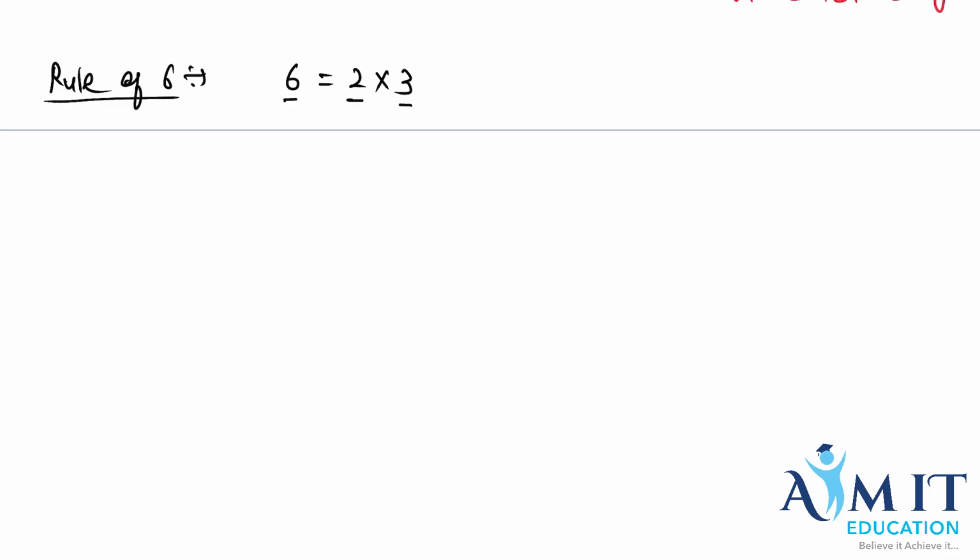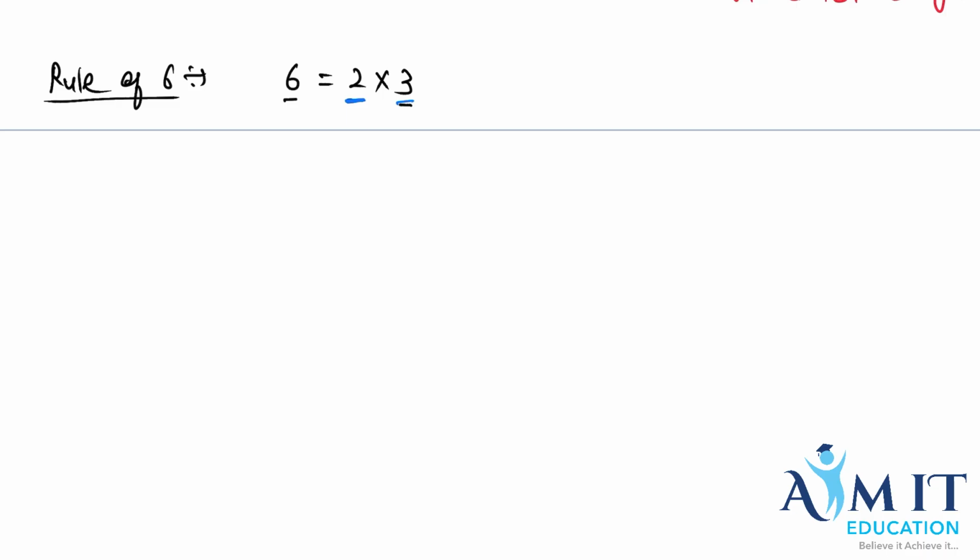So that means if a number is divisible by both 2 and 3, the number should be even, because it is divisible by 2 only when it is an even number. And to be divisible by 3, the sum of all the digits should be divisible by 3, and then the complete number is also divisible by 6.